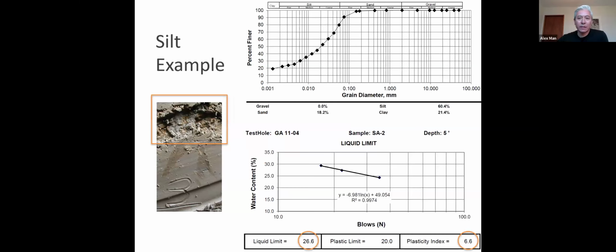These are just some examples, referring back to that same photo I showed you earlier of the silt overlying the clay. This silt sample, 60-ish% silt, had a liquid limit of 26-ish% moisture, and the plastic limit was 20%. So that gives a plasticity index of 6.6, pretty low.